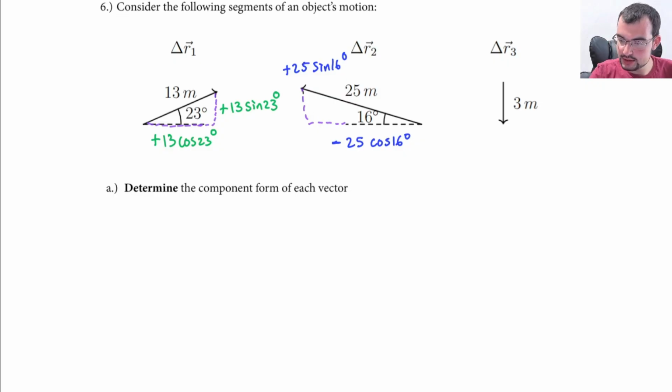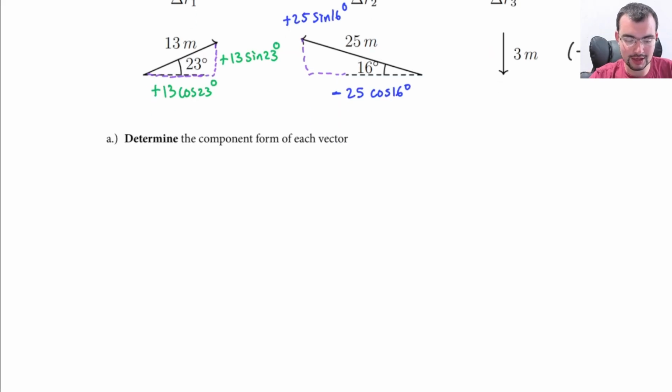And R3 is easy because it's just vertical. So this is really just -3 j hat. No splitting involved. So now we gotta do some number crunching. We got 13 cos 23 and 13 sine 23. Oh, I remember that previous problem.